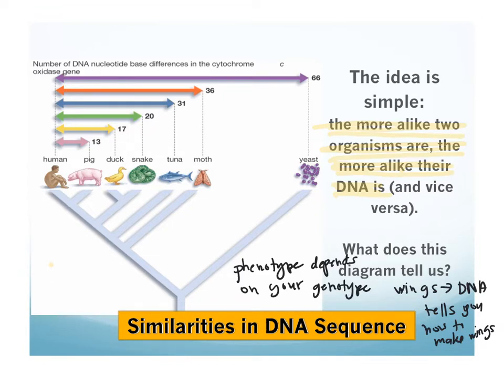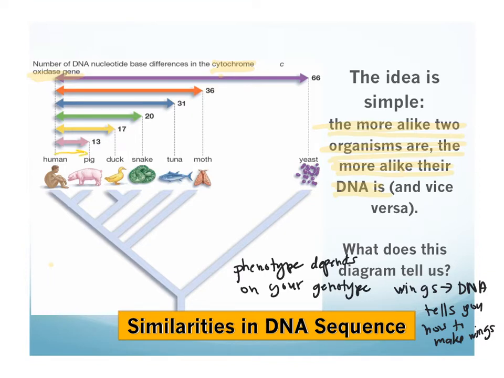So what they're trying to show here is they're looking at a particular protein, which is the cytochrome oxidase gene. And the more closely related you are, the more closely related your DNA is.